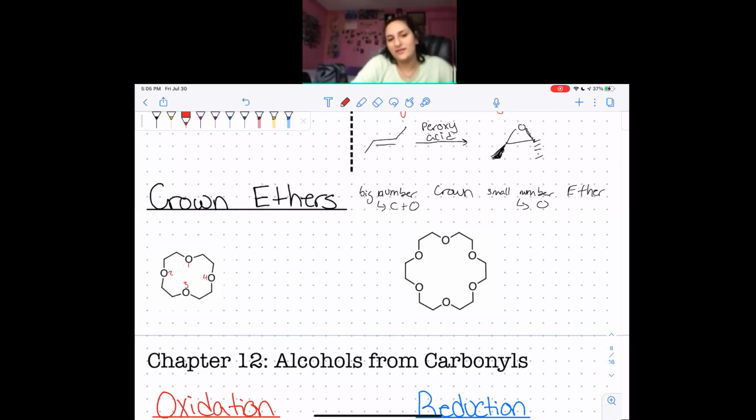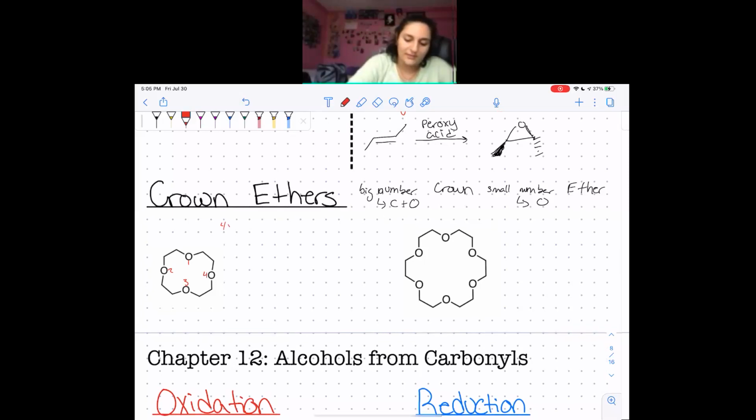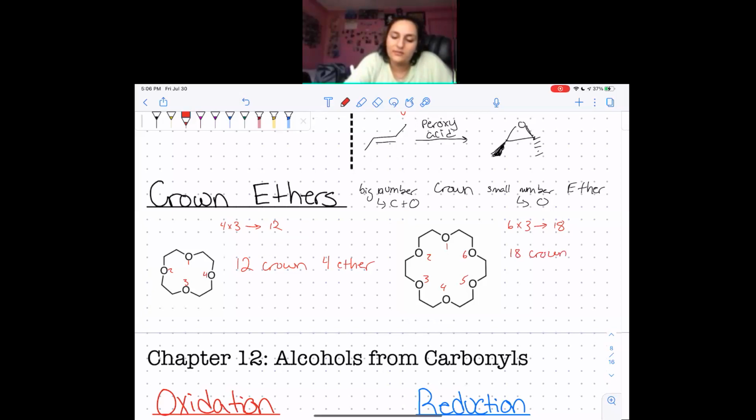And instead of counting every single carbon here, we're just going to do 4 times 3. We get 12. So in this class, that trick is always going to work. We have 12 crown, 4 ether. In this one, we have 1, 2, 3, 4, 5, 6. 6 times 3 is 18. So we get 18 crown, 6 ether.